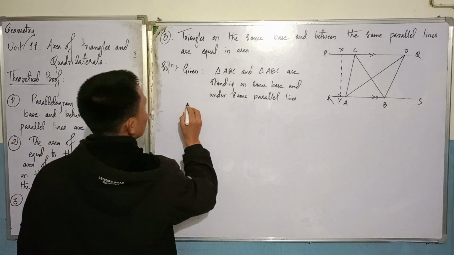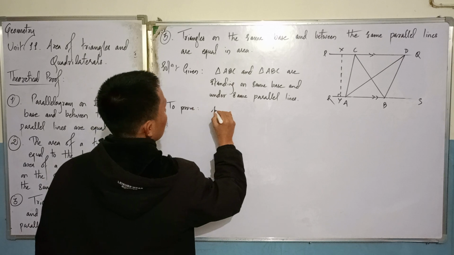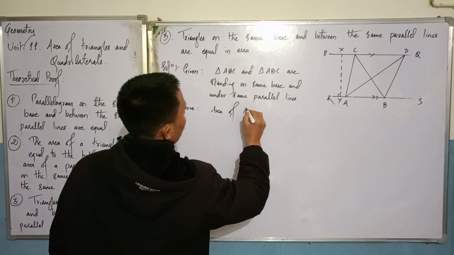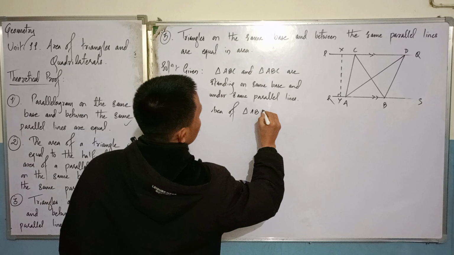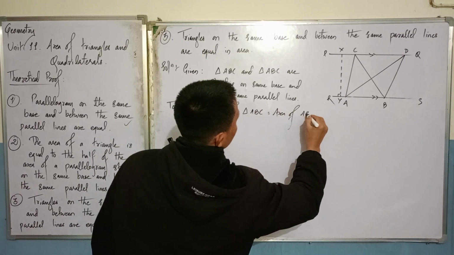So you have to prove this. To prove that is area of triangle ABC is equals to area of triangle ABD.